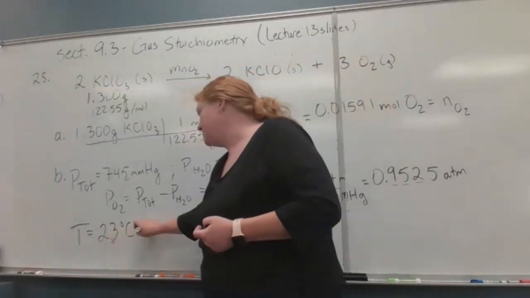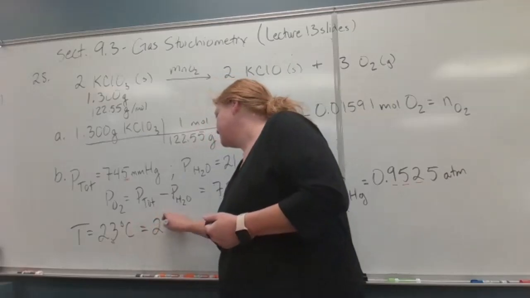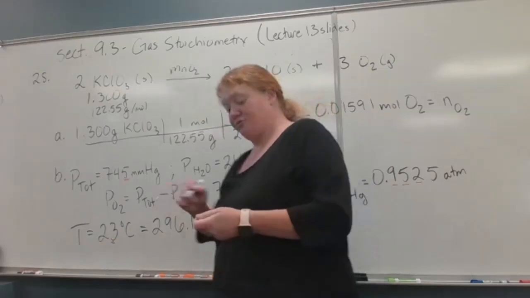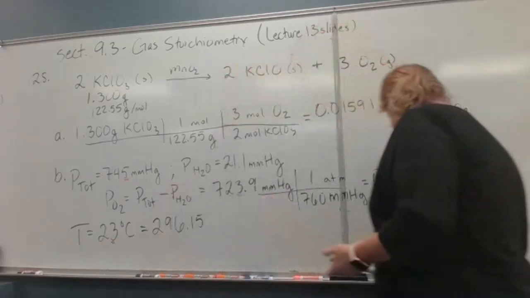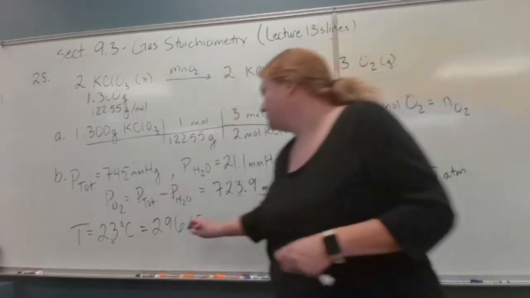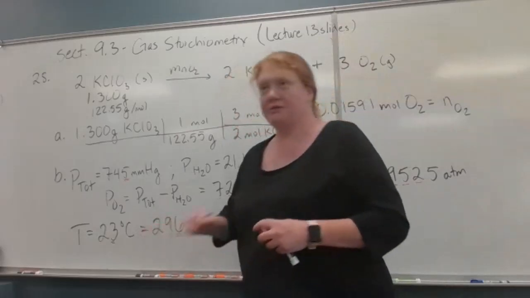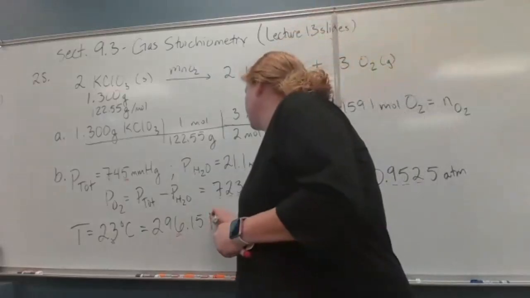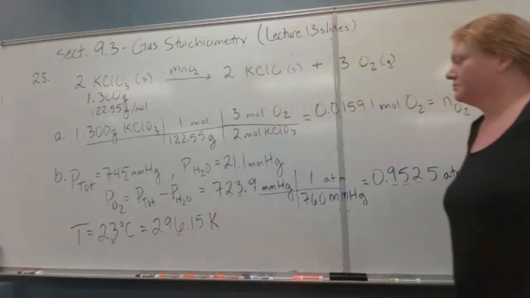We can stop it at the ones place, or you can keep the 0.15 and just remember to mark to yourself where it should stop. That's fine too. It should stop there at the ones place. Kelvin.